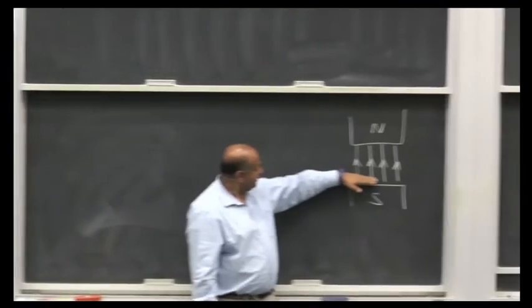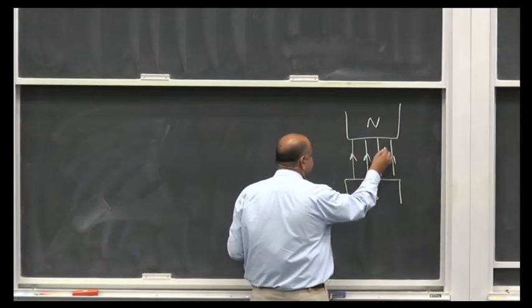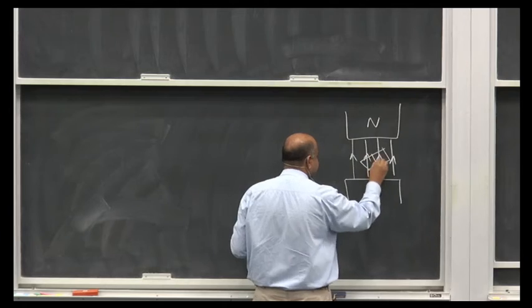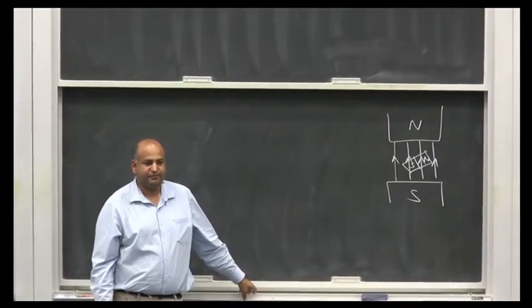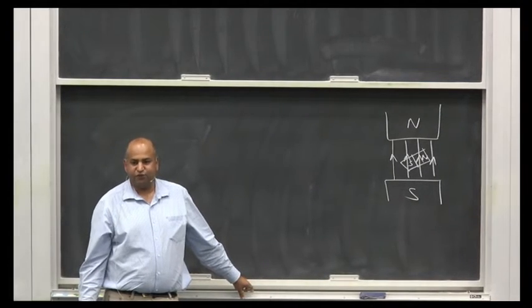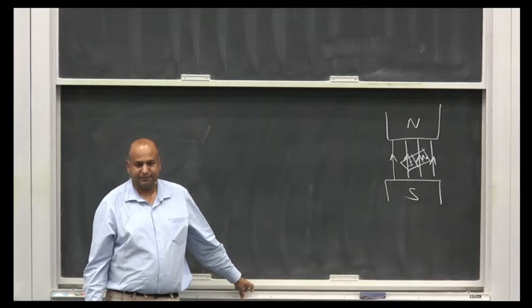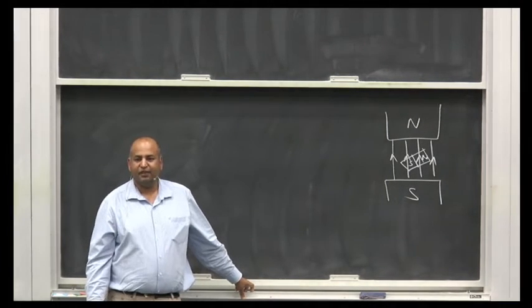Uniform means it's the same here, same here, same here, same here, same here. And if you put a tiny magnet here, what's the net force on this tiny magnet? What's the net force on this tiny magnet? Why?